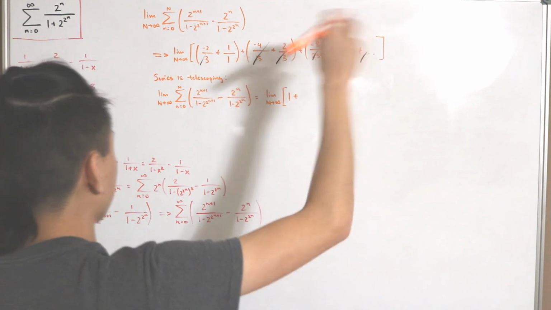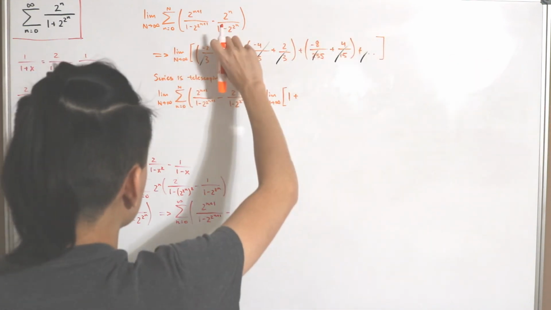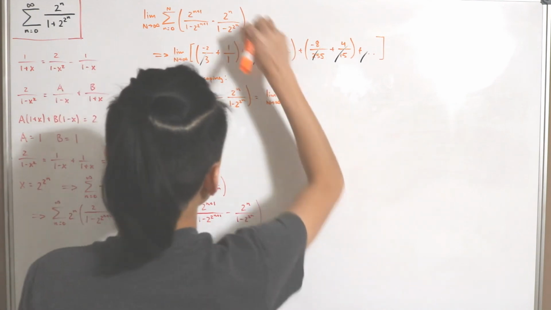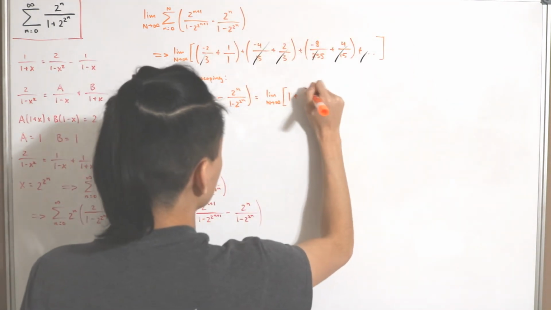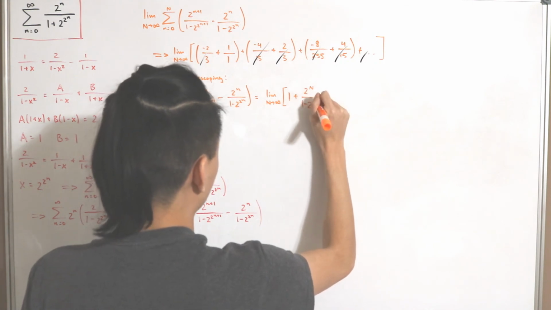Like I said, the terms cancel from the first and so forth. So you're just left with 1, and then plug capital N into here, so 2 to the power capital N, divided by 1 minus 2 to the power 2 to the power capital N.